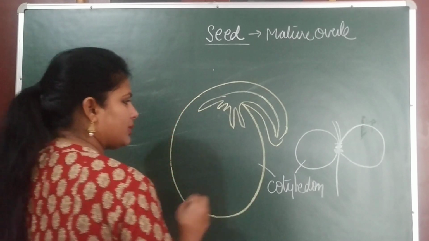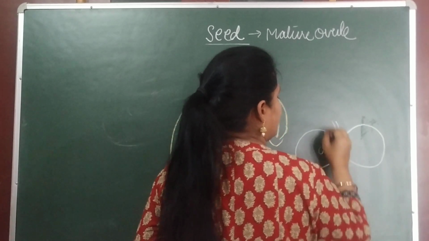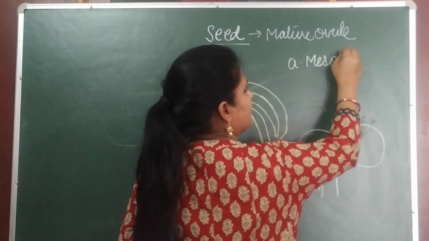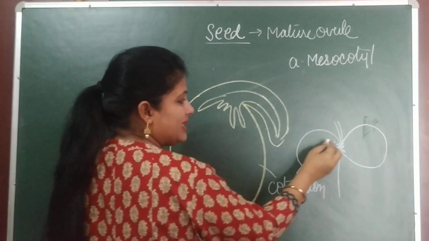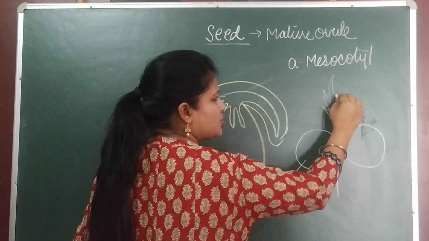What do we call this axis? Mesocotyle. This one, let's say A. A is mesocotyle. Okay. The region above the mesocotyle will later on develop into a shoot.